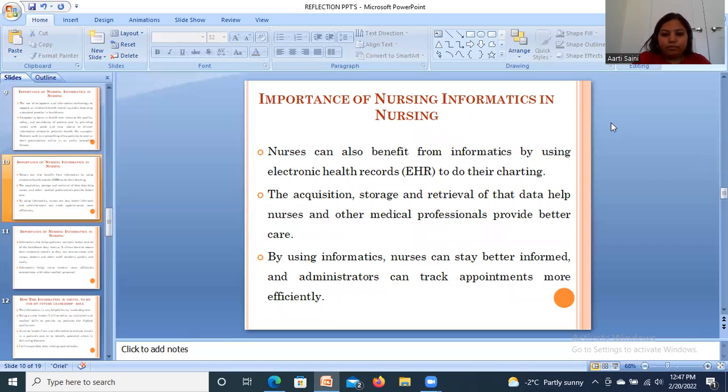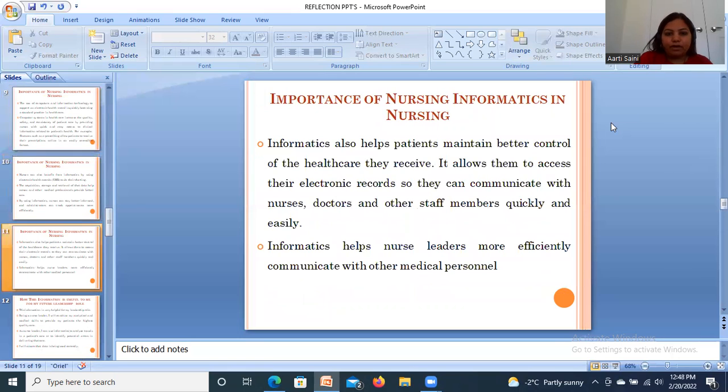By using informatics, nurses can stay better informed and administrators can track appointments more effectively. The informatics also help patients maintain better control of healthcare, and it allows them to access their electronic records so that they can communicate with nurses, doctors, and other staff members quickly and easily.